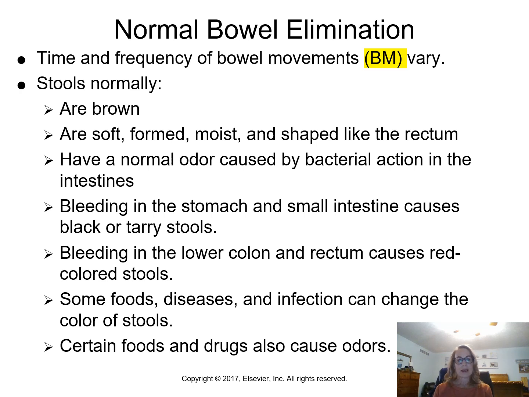So remember that. In the stomach or small intestines, if there's bleeding, you'll see a black or a tarry stool. Bleeding in the lower colon and rectum causes more of a red-colored stool. Some foods, diseases, and infection can change the color of stools, and certain foods and medications can change the odor.